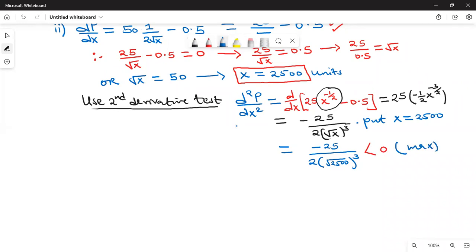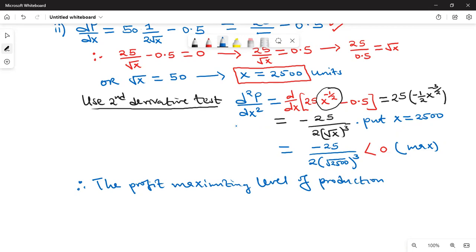Therefore, the profit maximizing level of production is x equal to 2500 units.